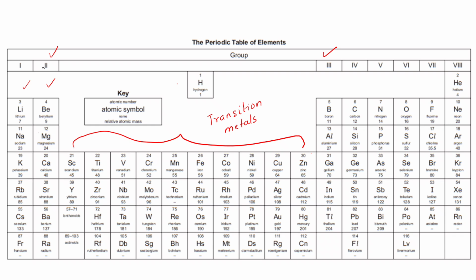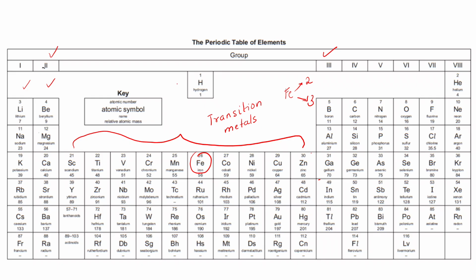For example, iron is known to show a valency of 2 in some compounds and a valency of 3 in other compounds. That's because, unlike usual metals, they can lose electrons from two electronic shells.